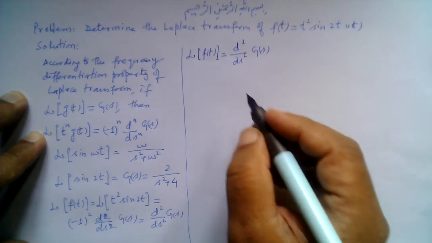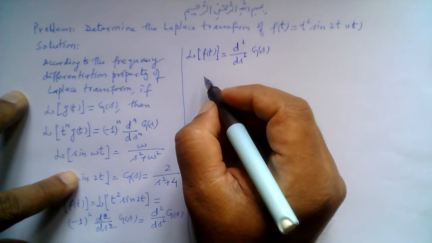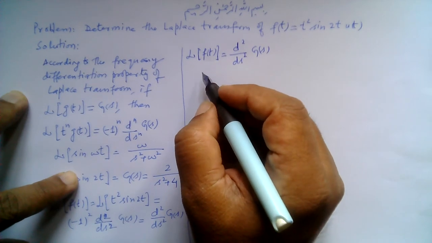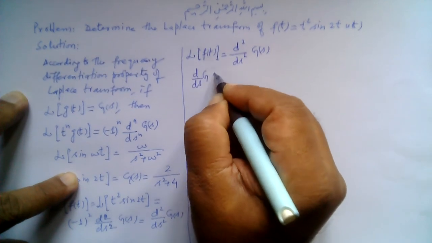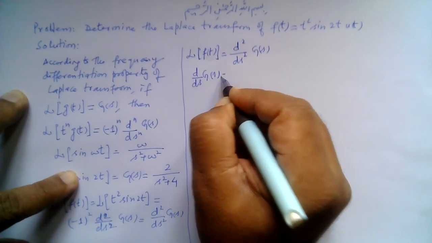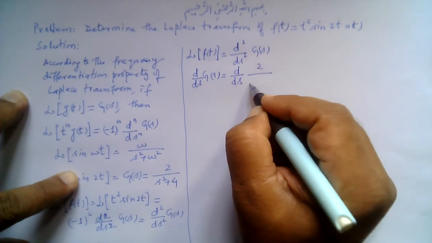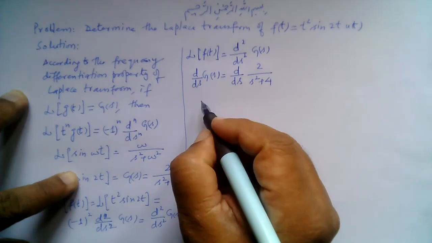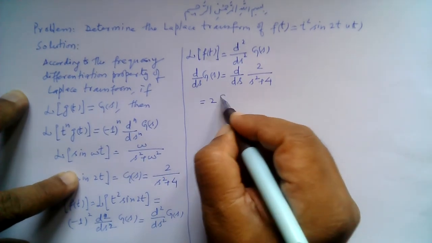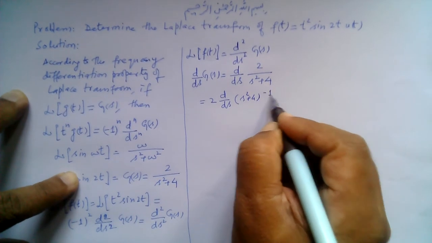So let's find the first order derivative of G(s). d/ds G(s) is given by d/ds of 2 over s² + 4, right? And this is simply equal to 2 d/ds (s² + 4)^(-1).